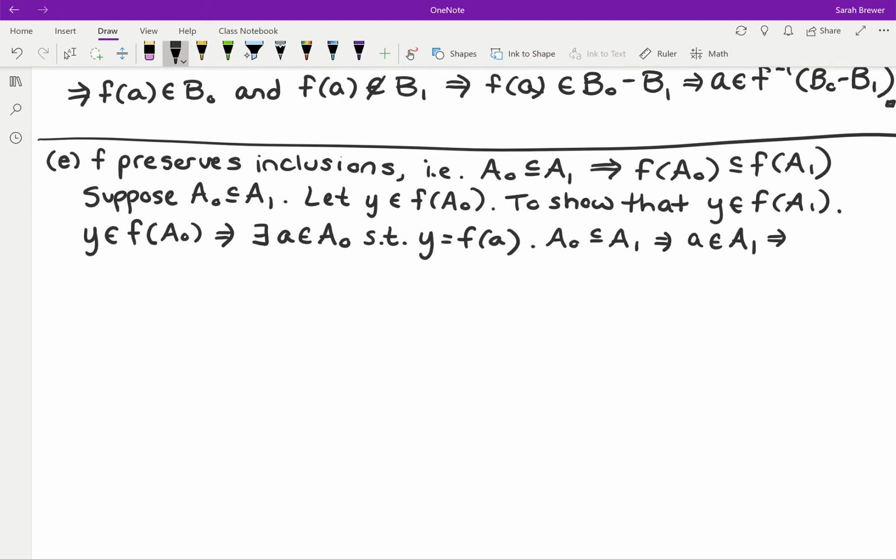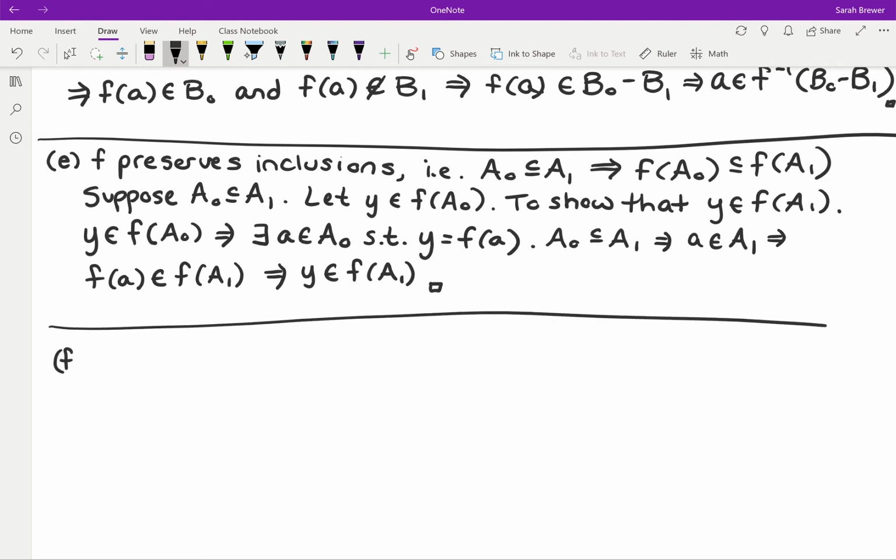And so that tells us that f of a is in the image of A1. But f of a is equal to y, so that tells us that y is in f of A1. So that's all we had to do for E. That one's pretty straightforward.